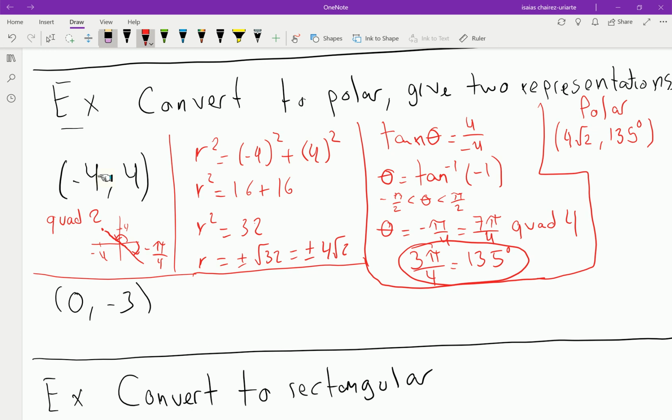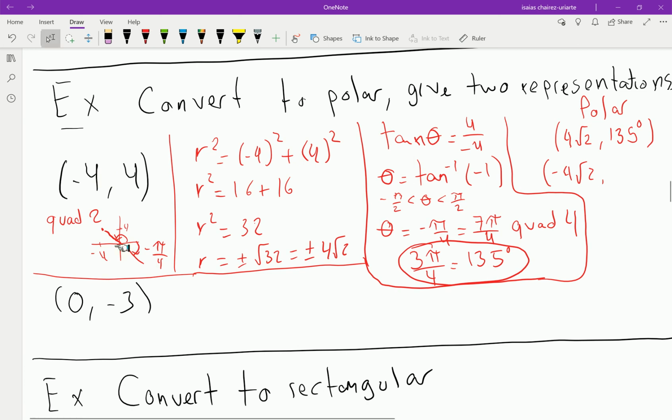What's another possible polar coordinate? Because we need two polar coordinates. Another possible polar coordinate would be this: -4 root 2. So now imagine that I go -4 root 2, so I'm going first to the left.